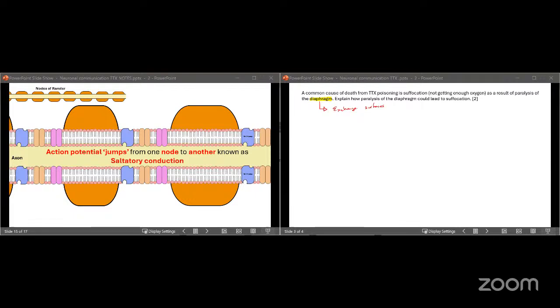Well, we know that the diaphragm is going to be contracting to increase our volume when it drops down. So when the diaphragm contracts, that then increases the volume inside our lungs.